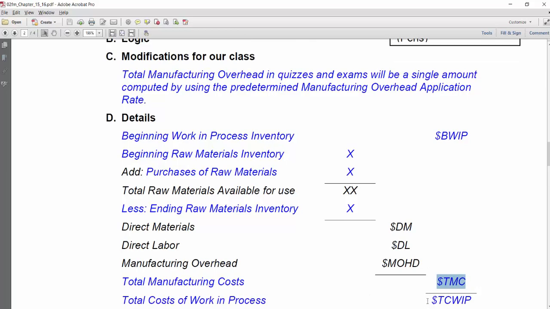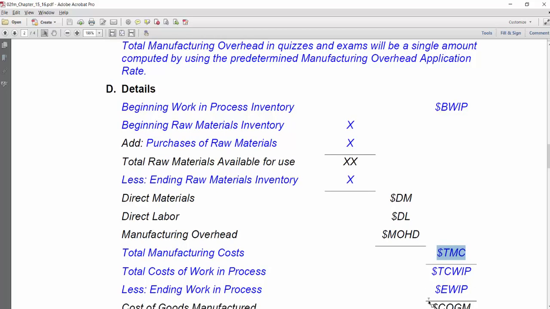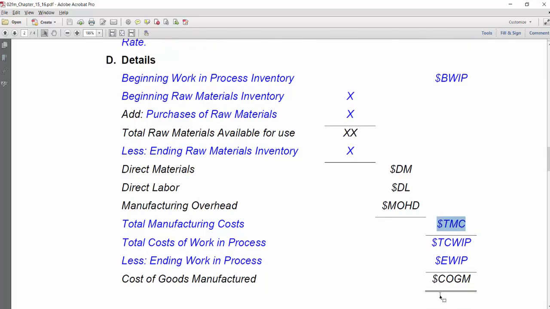So that's the total pool of all costs for everything you worked on during this period, done or not. Now calculate the cost of ending work in process through two major ways of doing so, shown in this chapter and in chapter 17. Total cost of work in process minus ending work in process is cost of goods manufactured.